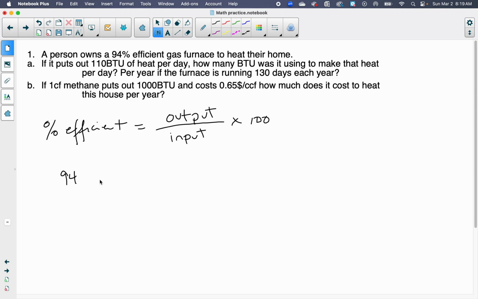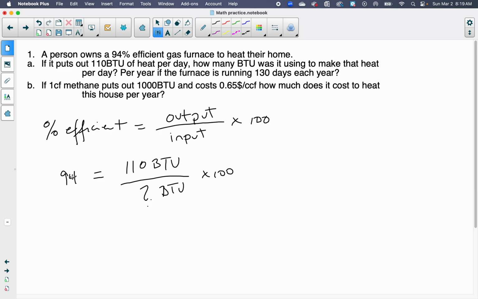So 94% efficient. Our output is 110 BTUs. We want to know how many BTUs it would take to do that. Right, here's a question mark. And we should realize that because the efficiency is less than 100%, this number on the bottom is going to have to be bigger than the number we started with.